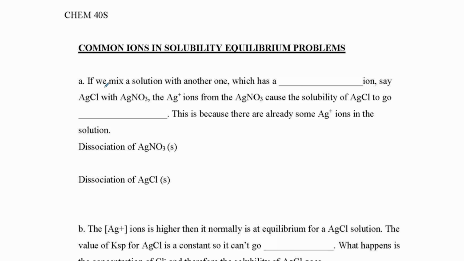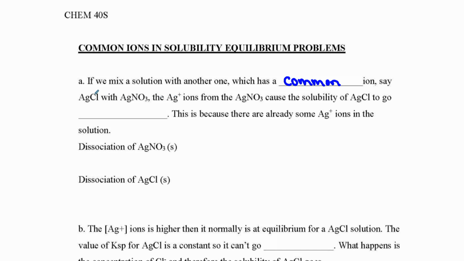So this is a situation. If we were to mix a solution with another one which has a common ion, what that means is that you have two solutions and they each contain one of the same ion. So for example, we mix silver chloride with silver nitrate. What they have in common is silver.